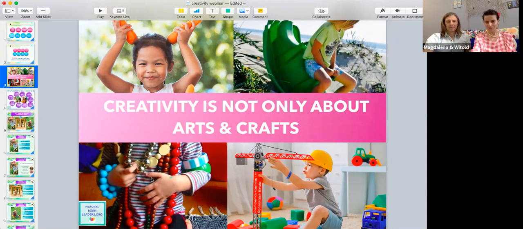And finally, we have a boy trying to construct something out of blocks, and then use the crane to do something, maybe demolish something. So you can see other ways of creative development, which is more about expressing yourself in a variety of ways, thinking outside of the box, thinking how to use your body, how to use objects that you find around you, to innovate.